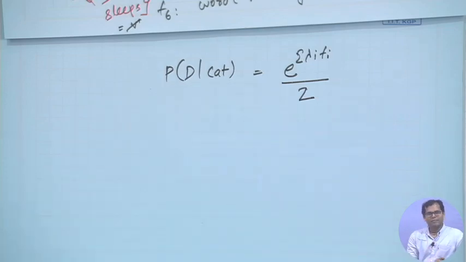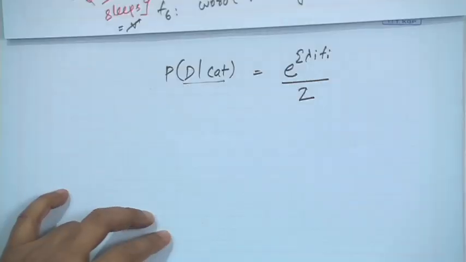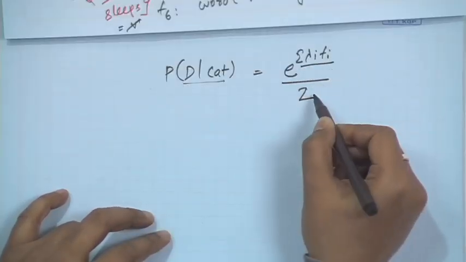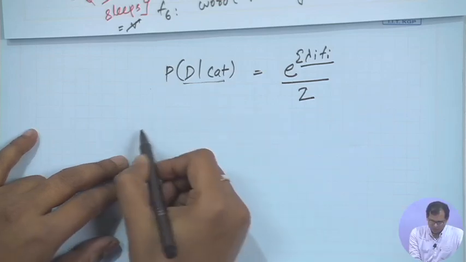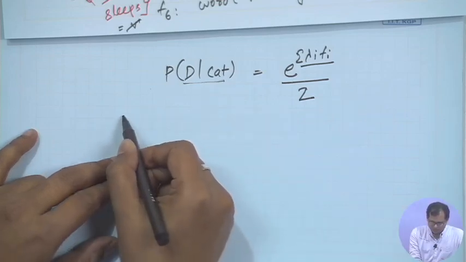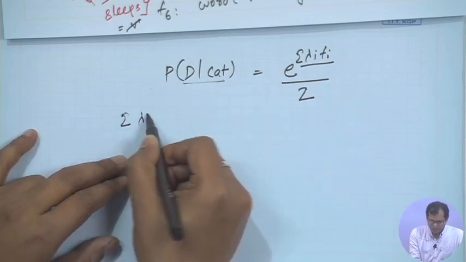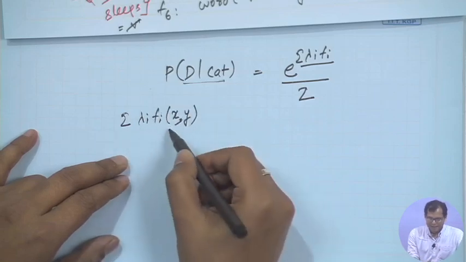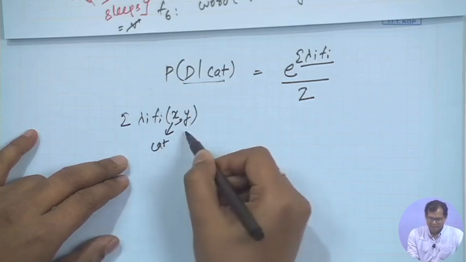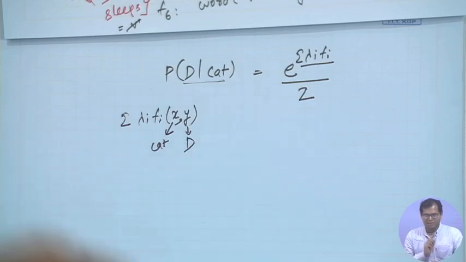So probability d given cat plus probability n given cat plus probability v given cat should be 1. So let me take this particular y, okay, and let me focus only on this, and I will talk about Z later. So now this is sigma lambda i f_i(x,y), x here is cat and y is d.